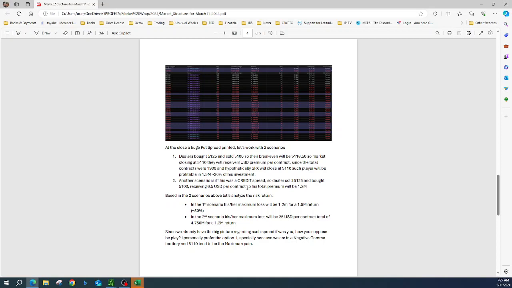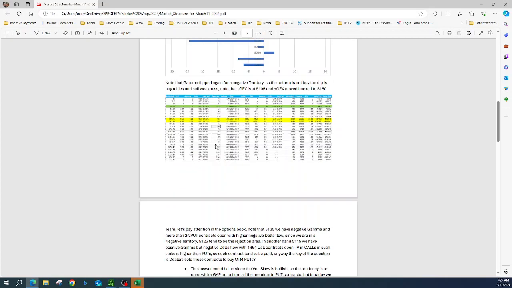Why 5,110? Remember what I showed you guys in the book? If dealers are looking this week to collect premium, especially today, the region where we have lower open interest is 5,110. We have lower call contracts open and lower put contracts open.